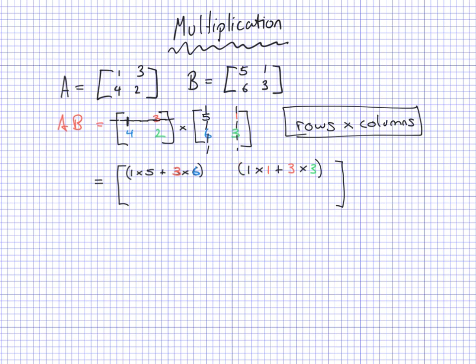And those numbers added and multiplied are going to be the answer in the top right position. Okay, now the bottom left position is given by the bottom row multiplied by the left column. So it's going to be 4 times 5 plus 2 times 6.